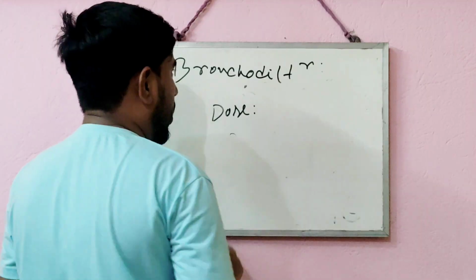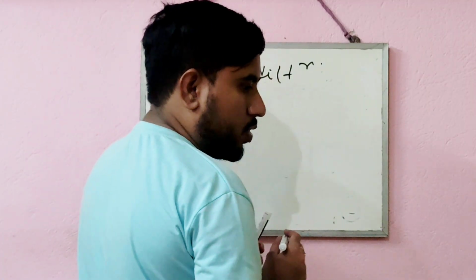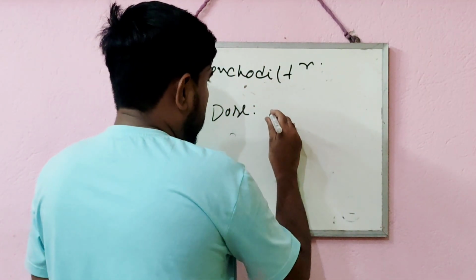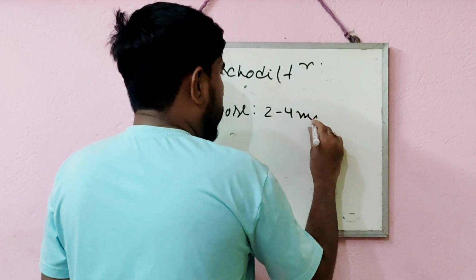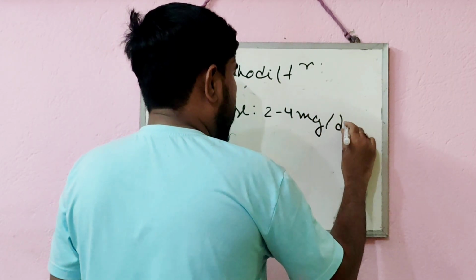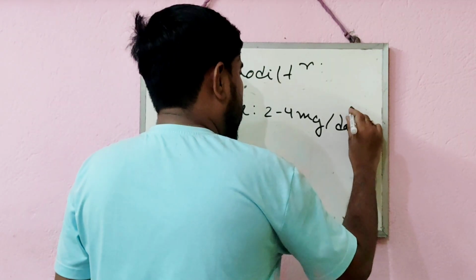Now we will study the dose, how much it should be taken daily. So what is the dose of salbutamol? The dose of salbutamol, if it is in oral form, will be 2 to 4 mg per day by oral route.